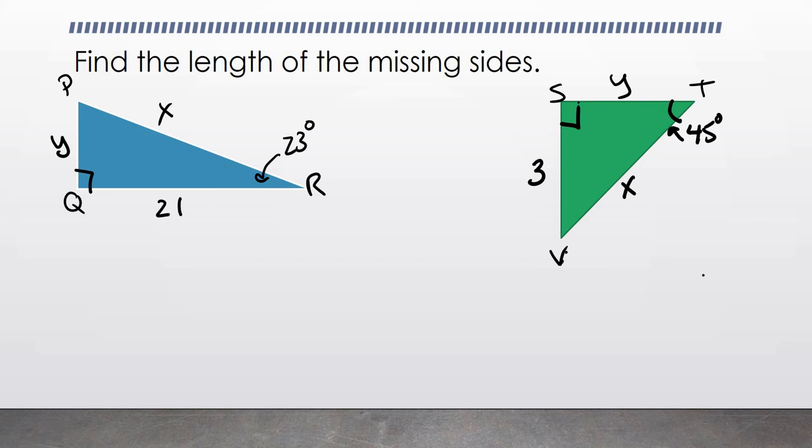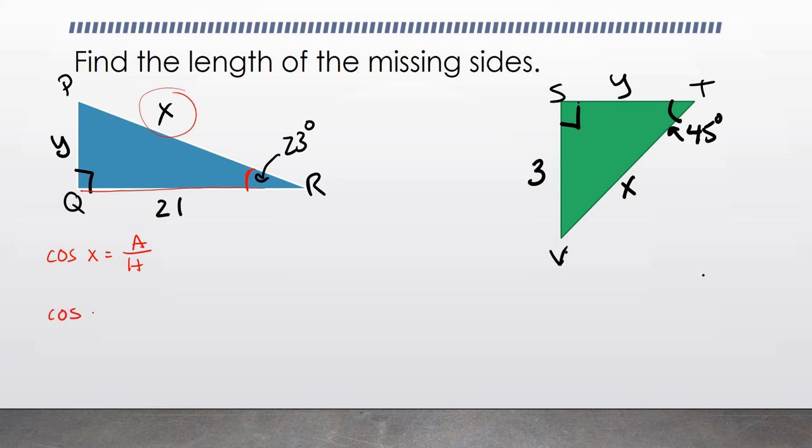So let's try 2 more. I want you to go ahead and first of all find X. So let's look at that. I'm using angle 23 degrees. I have the adjacent side and I'm looking for the hypotenuse. So the cosine of any angle is the adjacent over the hypotenuse.